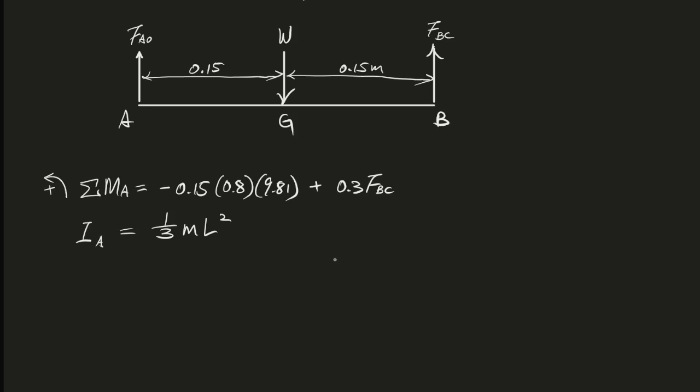Because this is a uniform slender rod, by definition stated in the question, I can use this equation that you can look up on your table, and we get 1/3 times the mass 0.8 kilograms multiplied by 0.3 squared length squared, and that will give us a number of 0.024 kilograms meter squared.